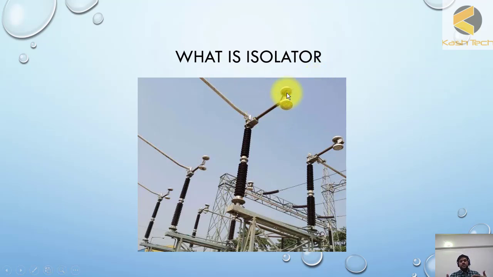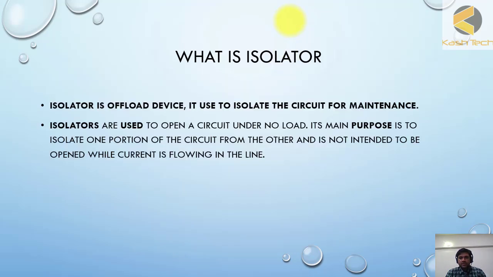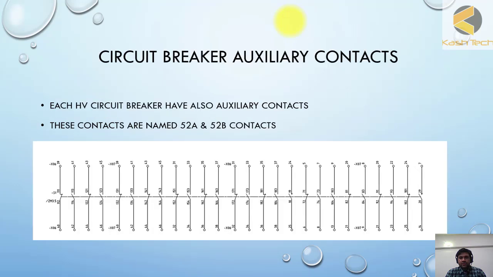One opens and closes horizontally, and in the other type the contacts close vertically. In the same way, the isolator also has auxiliary contacts just like a breaker, and they also show the status of the isolator. So these are two important components that you will mostly see in the drawings, along with their auxiliary contacts.